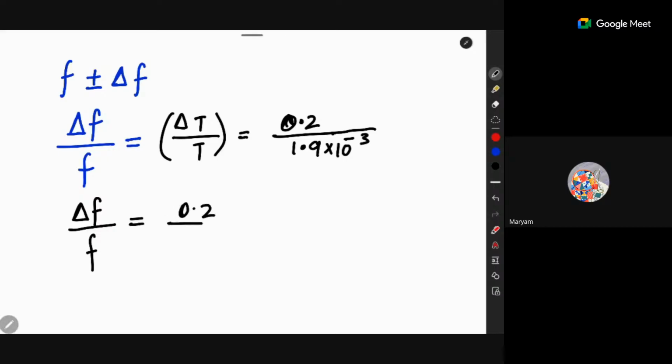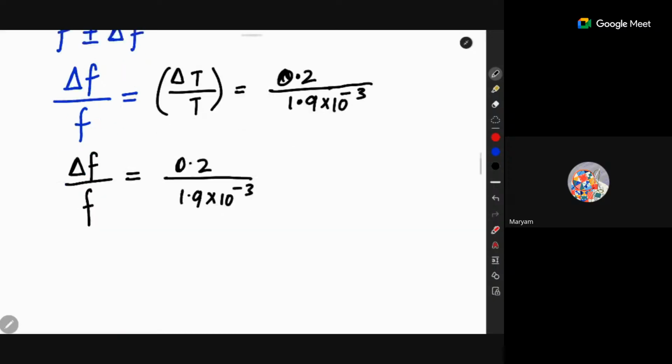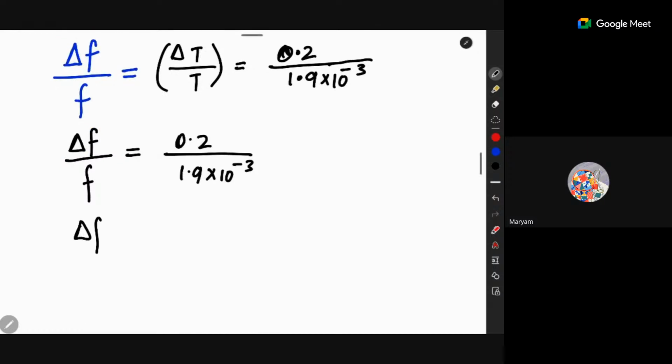So 0.2 divided by 1.9 times 10 raised to the power minus 3, and just plug in the value of frequency. Can anyone please calculate this for me? Hurry up. 105.26.